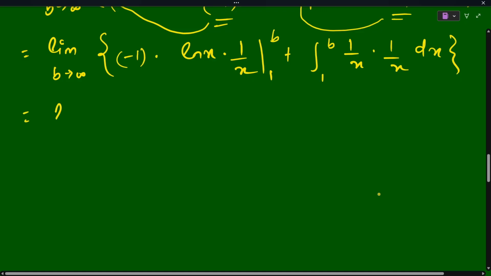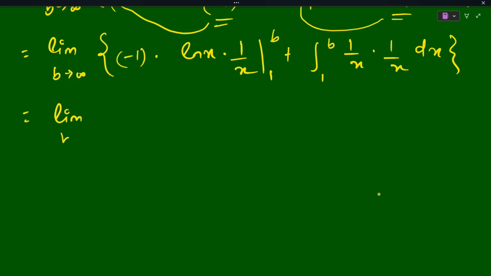Now see, this value is limit b tends to infinite, this one is minus 1. Now I have to put the values here. At place of x, once use the upper limit, then minus once use the lower limit. So first it would be ln b at place of x, the upper limit, into, again there is one x, so here it is b, minus again the lower limit.